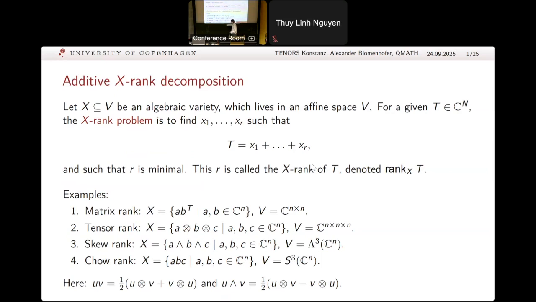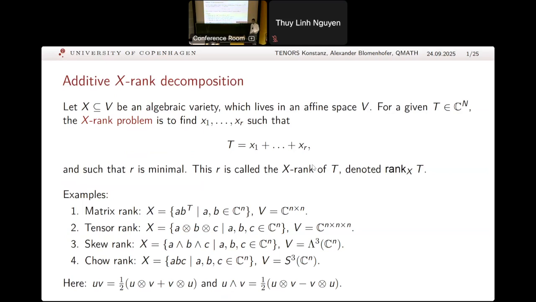Okay, maybe I should write this as a_{i1}, a_{i2}, a_{i3}. And then if I have a tensor rank decomposition for a symmetric tensor, I can certainly symmetrize it. That is like a_{iσ(1)} tensor a_{iσ(2)} tensor a_{iσ(3)}. And then I should normalize by 3 factorial.